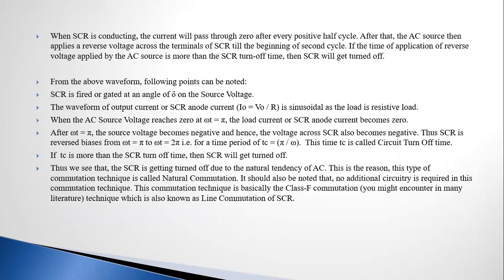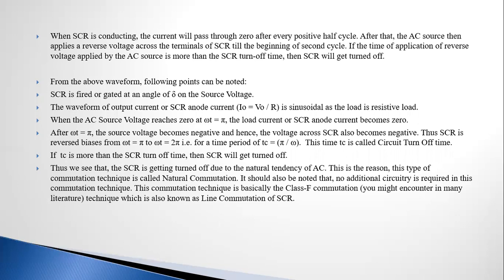When the SCR is conducting, the current passes through zero after every positive half cycle. After that, the AC source applies a reverse voltage across the terminals of the SCR till the beginning of the second cycle. If the time of application of reverse voltage by the AC source is more than the SCR turn off time, then the SCR will turn off. This is the concept of natural commutation.